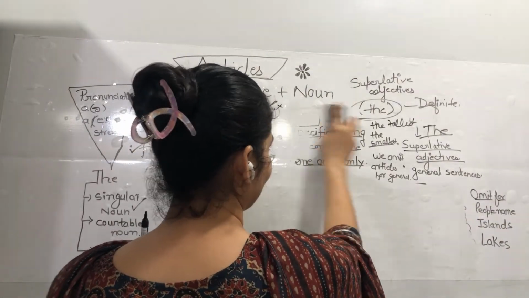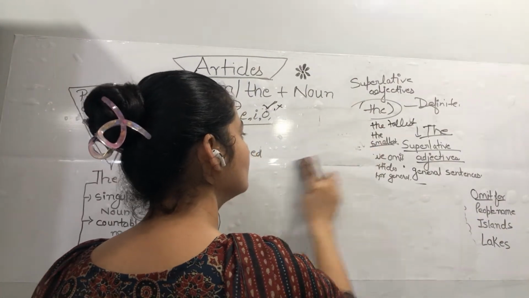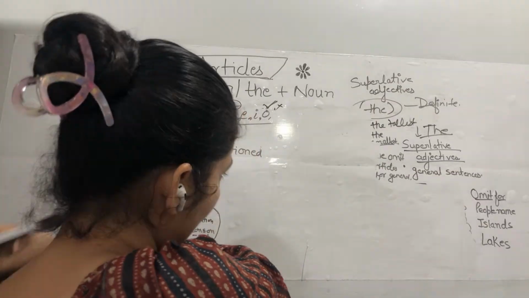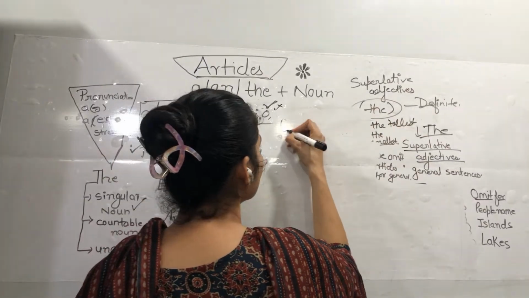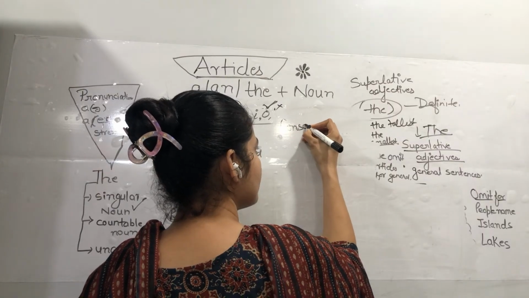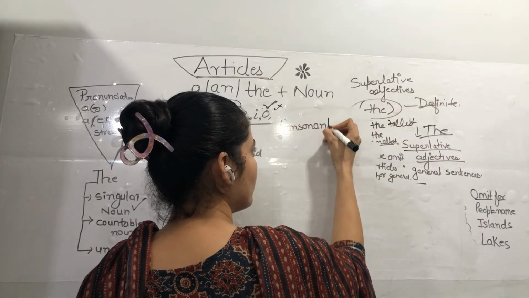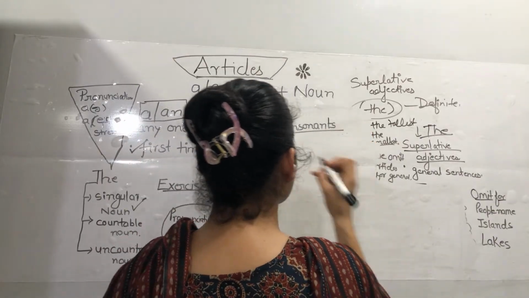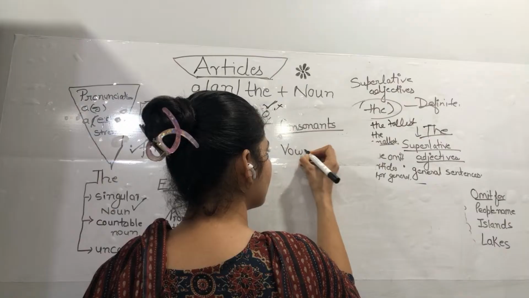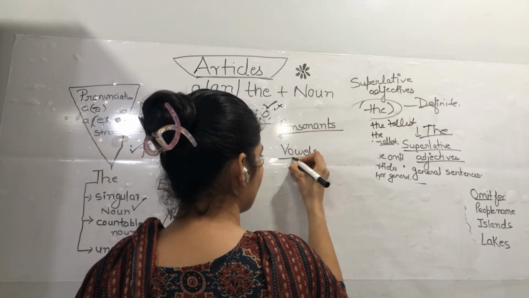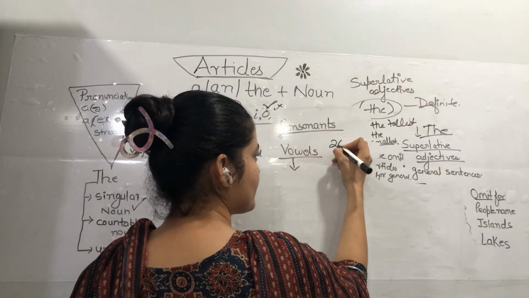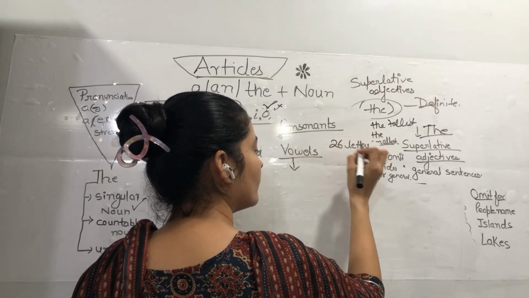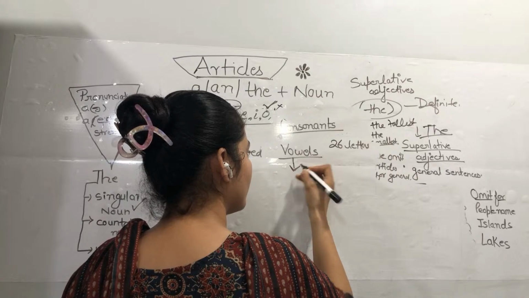First, I will explain what consonants and what vowels are, then it will be more clear. See, there are 26 letters, or you can say alphabets, of English.